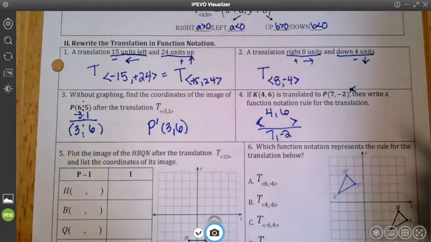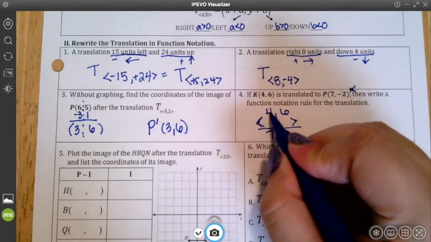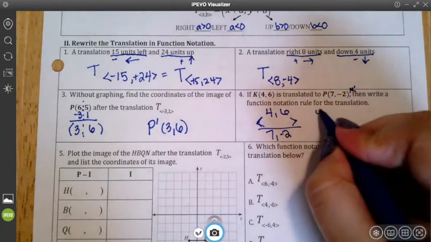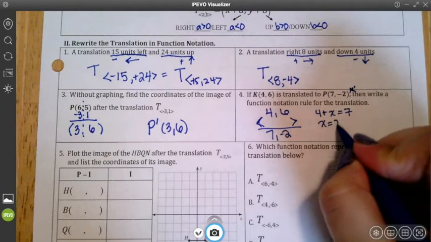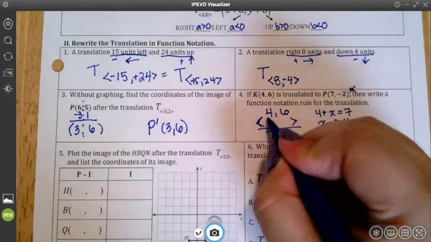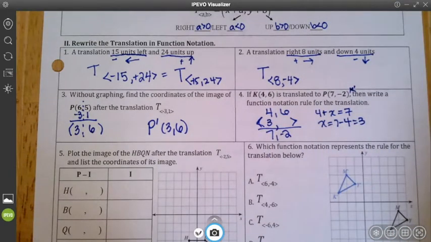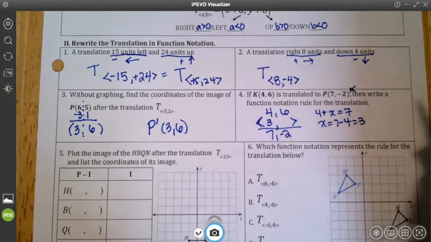Okay, well, if we're adding backwards, that's the same as subtracting, right? So if I say 4 plus what is 7, that's the same as 7 minus 4, which is 3. And I can say 6 plus what is negative 2.